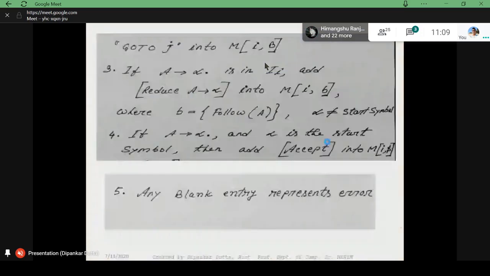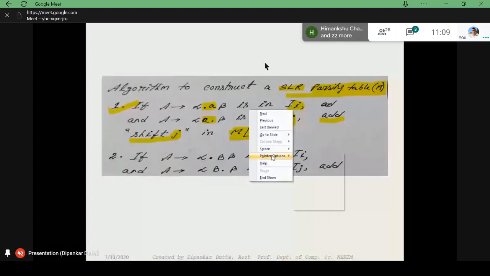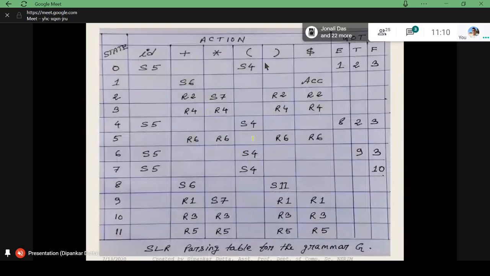So the first rule of construction of the SLR parser was applied in our example how many times? More than 10 times. 1, 2, 3, 4, 5, 6, 7, 8, 9, 10, 11 times.